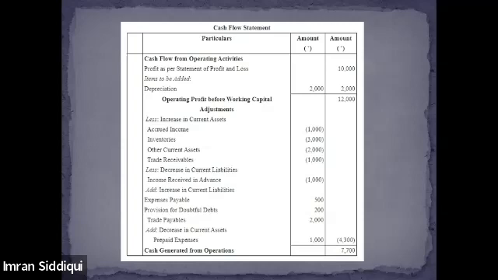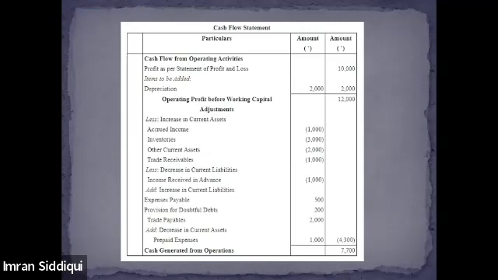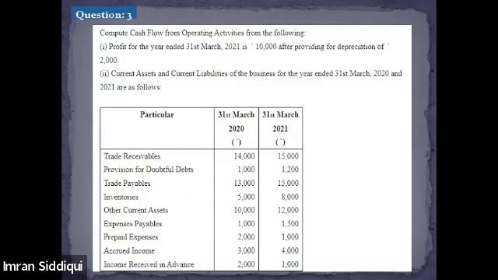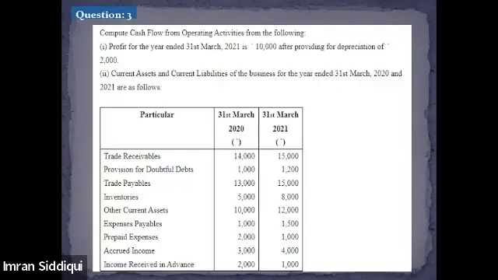So, as per the question, there is accrued income, inventories, and other current assets. These are decreasing. You're able to see that accrued income and inventories and other current assets are decreasing.